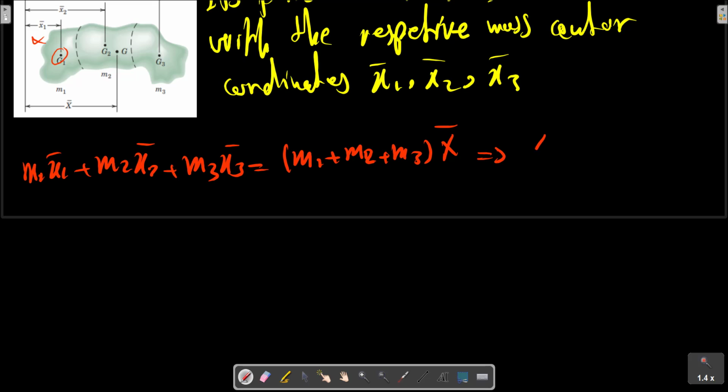So x bar for the total shape is sigma m x over sigma m.